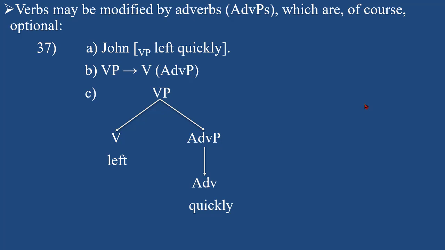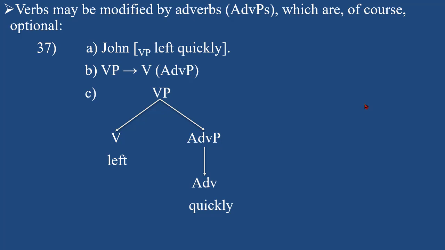Verbs may be modified by adverbs, right? Which are, of course, optional. John left quickly, right? Here, left quickly. We can say John left, which is grammatical. John left quickly. This adverb is optional, but it is there to modify verbs.